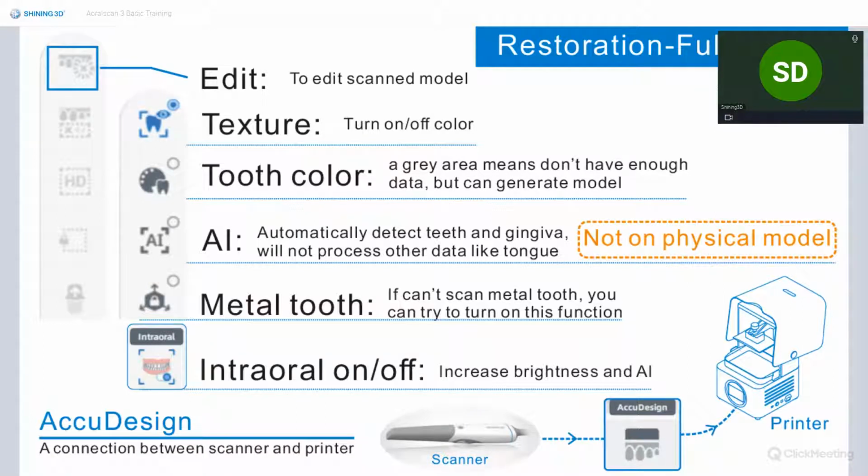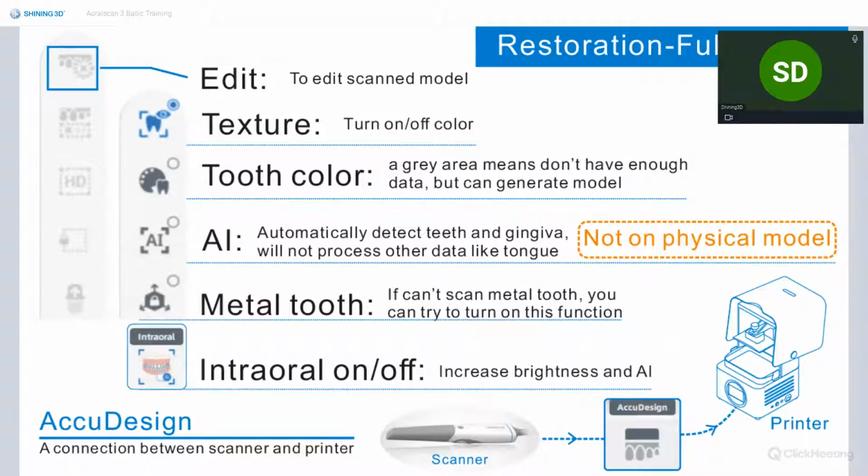This AI function will automatically detect teeth and the gingiva around them, and it will not process other data like your tongue. So if you are trying to do the intraoral scan, you need to turn on this function to make your scan much easier. It will ignore data that is not necessary to use.